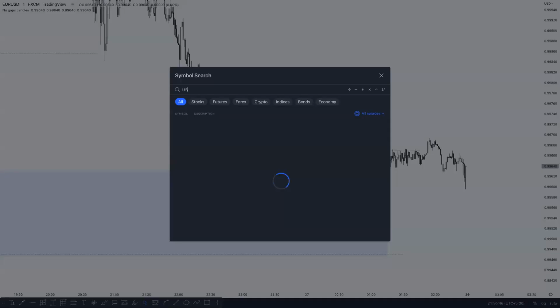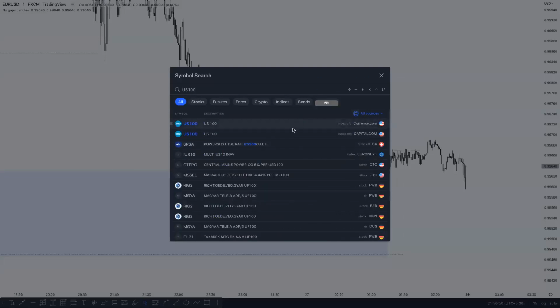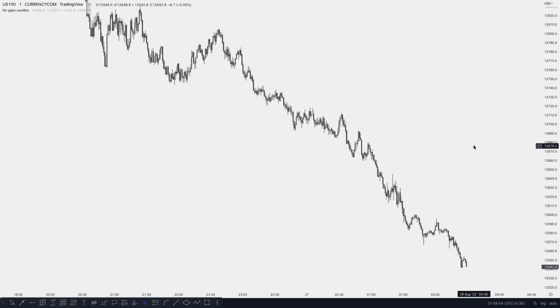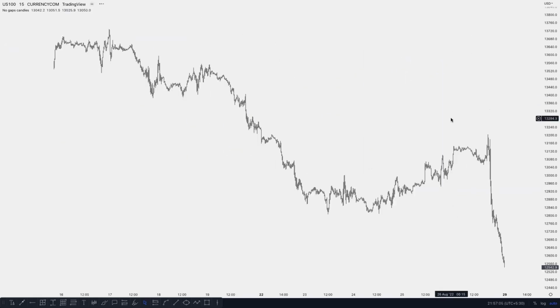Now let's switch to another one, US 100. What is this? I think NAS 100.